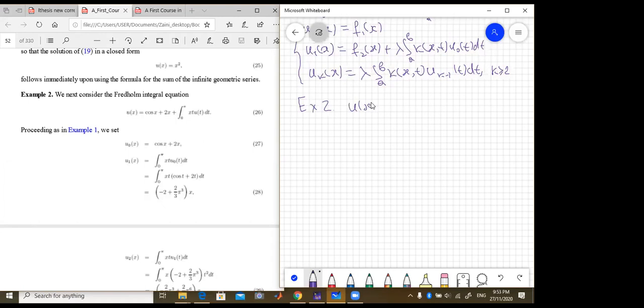So our equation is u(x) = cosine x plus 2x plus integral from 0 to pi of x t u of t dt. All the students, magister students, PhD students, please, which method would you use to solve this equation?